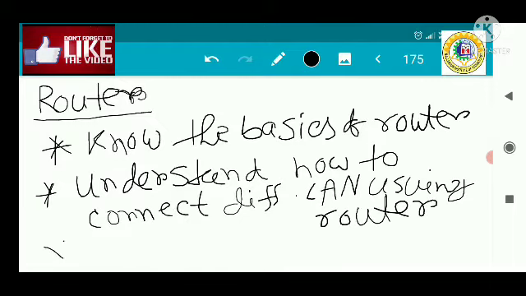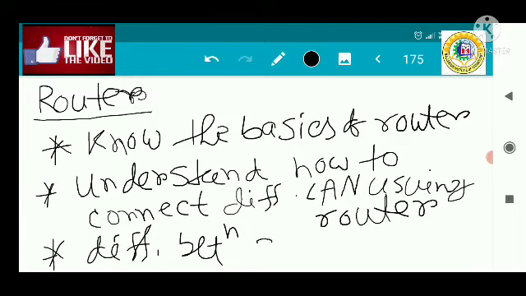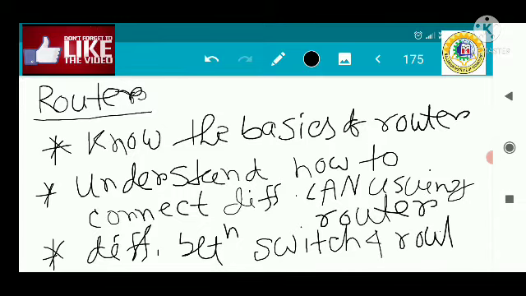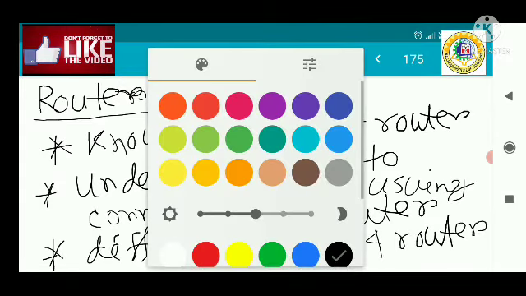And the last, the difference between a switch and a router. We will lastly illustrate some of the differences between the switch and the router. So these are all the topics that we will learn today.